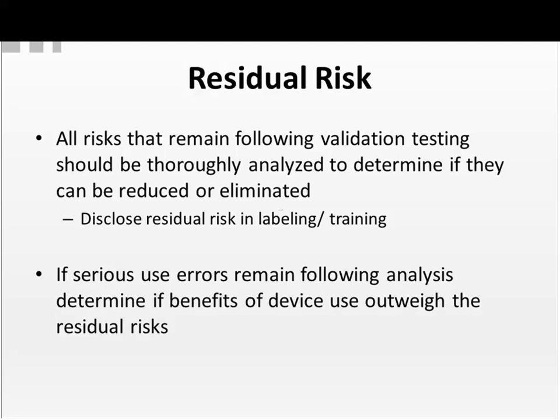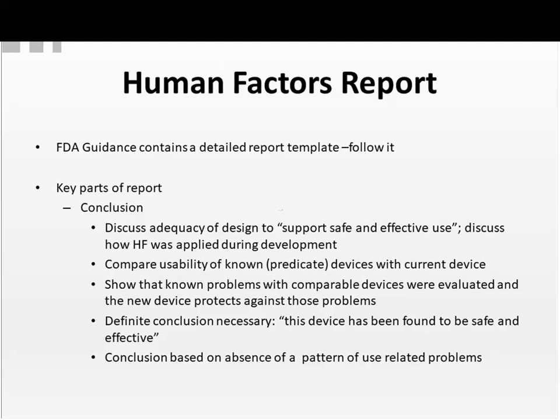Now, if you have serious use errors remaining following your analysis, you must do a risk-benefit analysis of the device. Determine if benefits of the device outweigh the residual risks. And hopefully they do. Otherwise, you have to cancel the project or redesign.